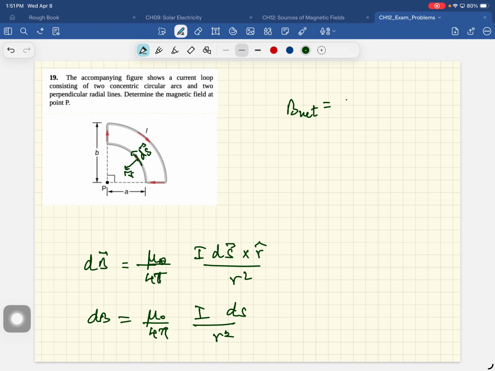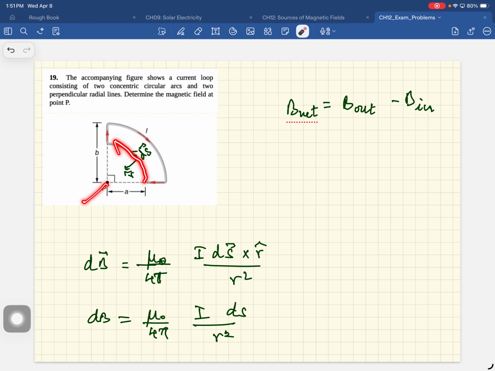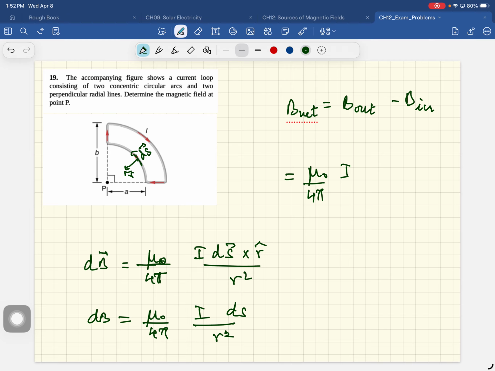Okay, the Tesla cancels, the meter cancels, and you get ampere on top. All right, so you get 10 to the minus 1, which will bring up here and make that a 5. So it's 8 into 2 pi into 5 divided by 4 pi. So you get 2, 4, 20. 20 amps.